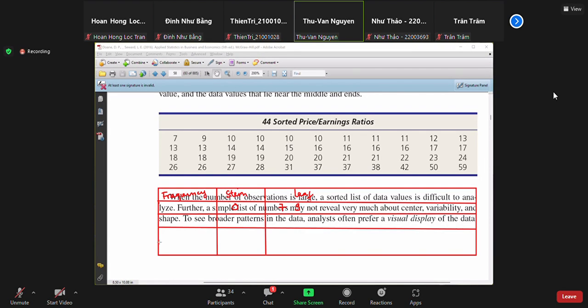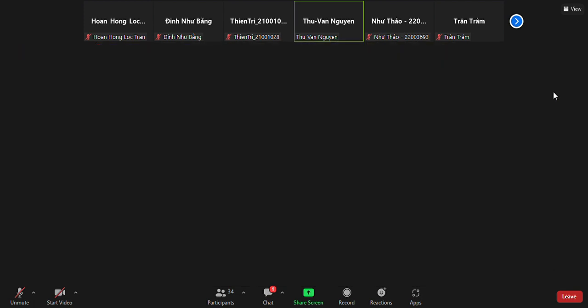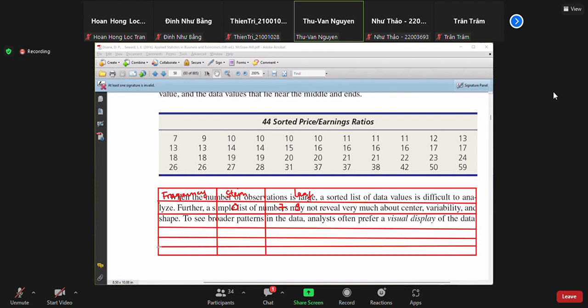0, 1, 2, 3. Okay, I think it is better to write in another color. So here it should be 0, 1, 2, 3, 4. I missed 1, right? 5. So I need to get more here.